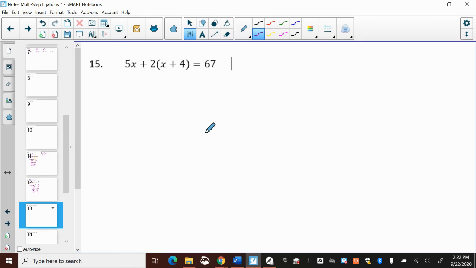Okay, let's try another. Here the distribution is a little bit behind. It's not leading, and that's okay too. I'm going to bring down that 5x. I'm going to take positive 2 times x is a plus 2x. Positive 2 times positive 4 is a plus 8. And that's going to equal 67.